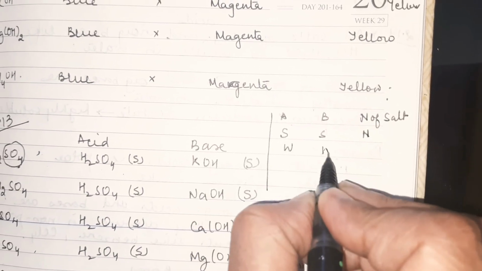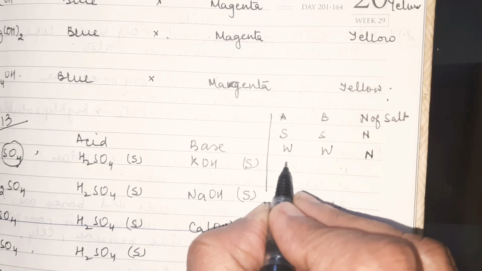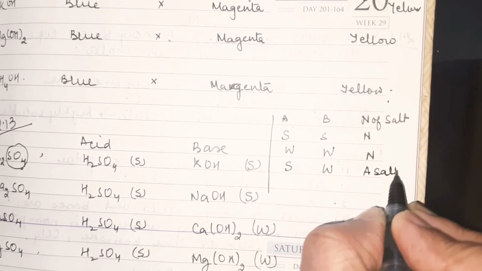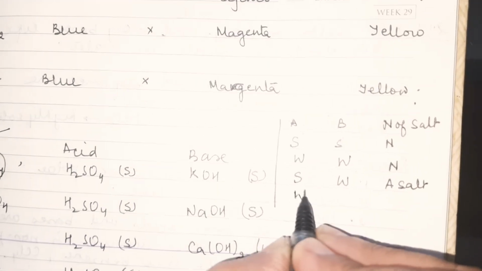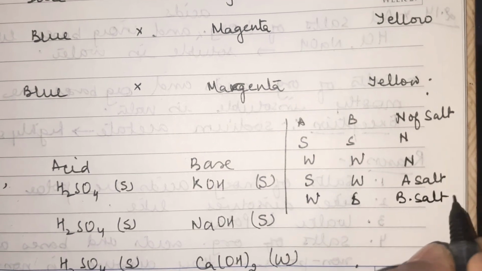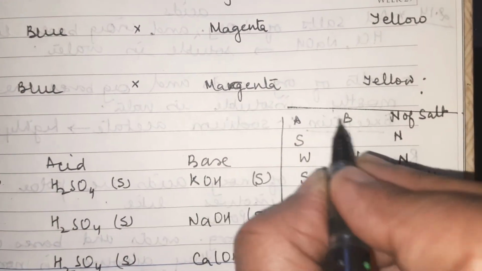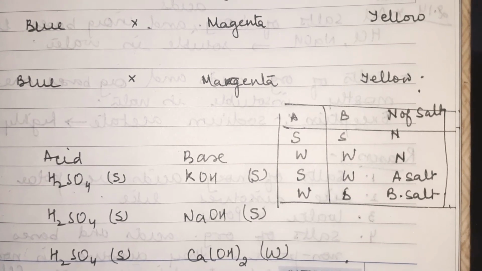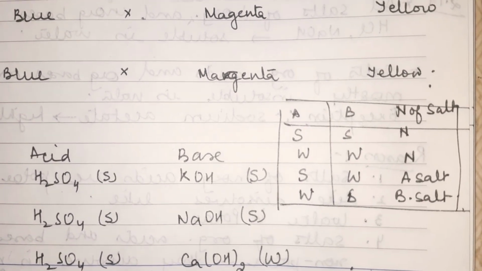If both are weak, the nature of salt is neutral. If acid is strong and base is weak, we find an acidic salt. In case acid is weak and base is strong, we get a basic salt. So one should remember this table. This table should be in your mind every time.